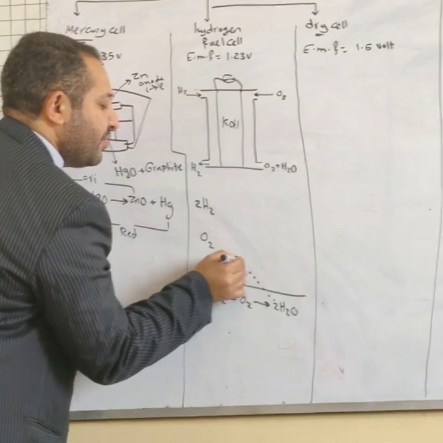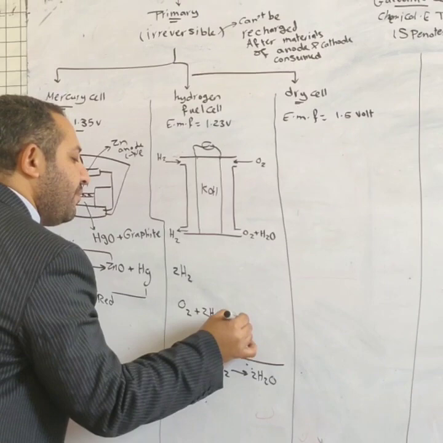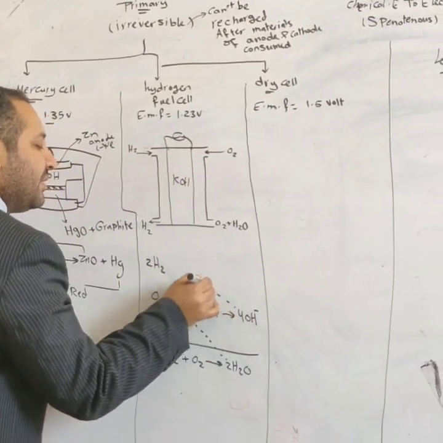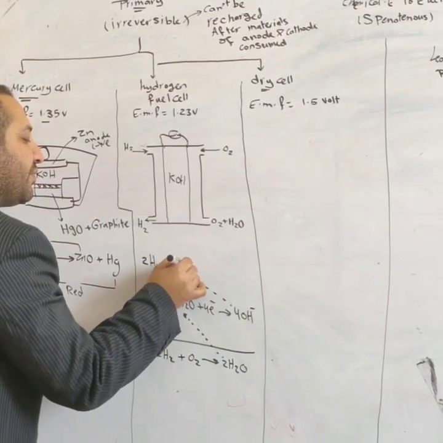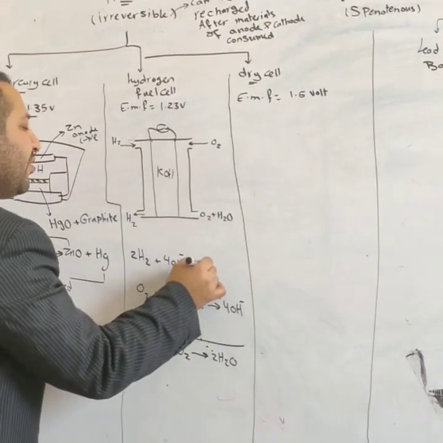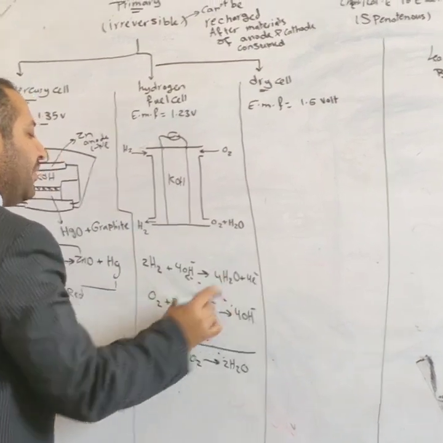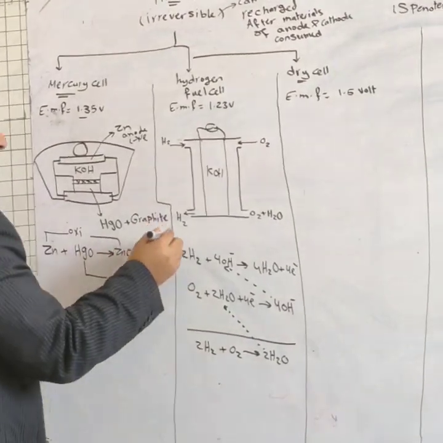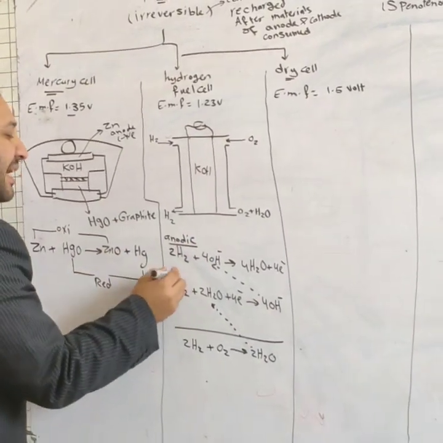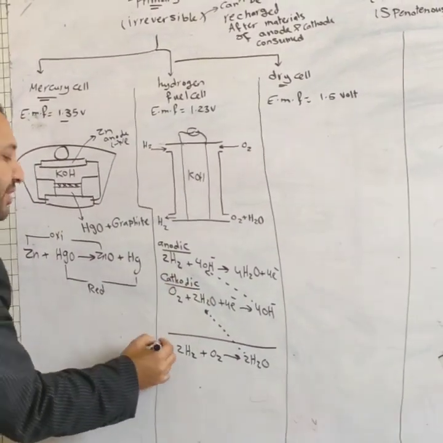Taking the 2H2 on this side, it will be 2H2 plus 4OH negative giving 4H2O plus 4 electrons. Taking the other side, it will be O2 plus 2H2O plus 4 electrons giving 4OH negative. These reactions take place at the anode, this is the anodic reaction, this is the cathodic reaction, and this is the total reaction.